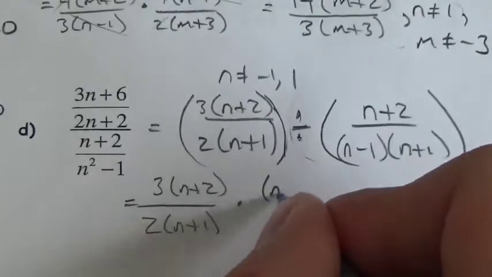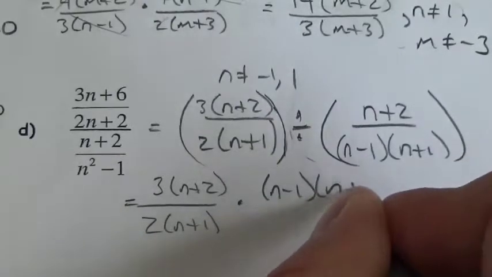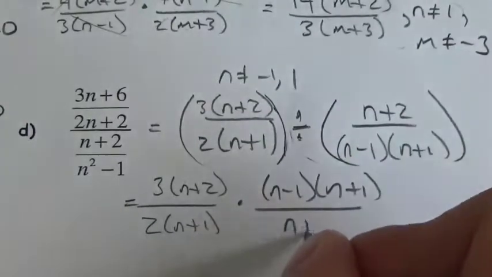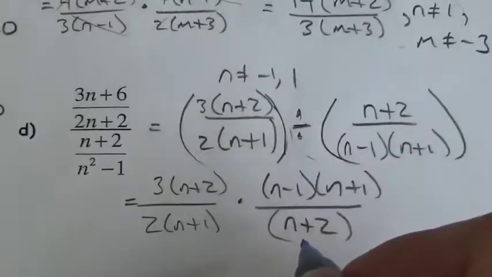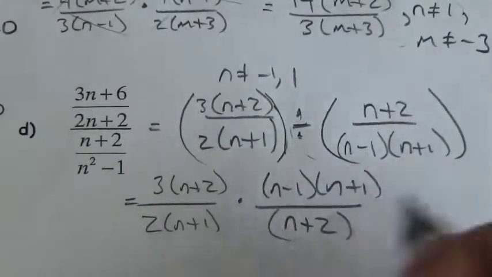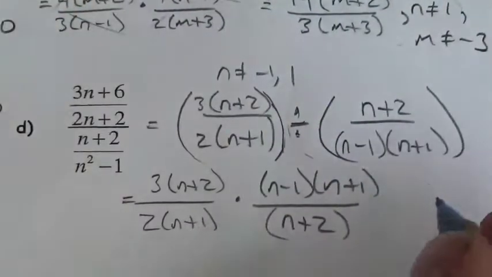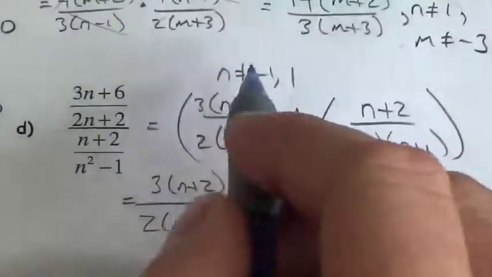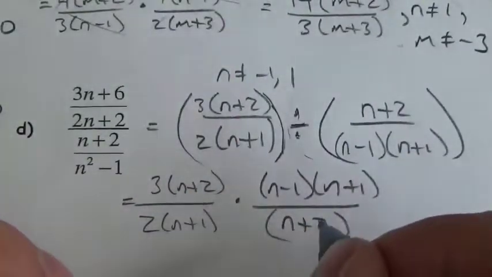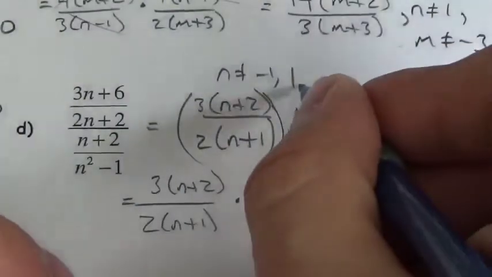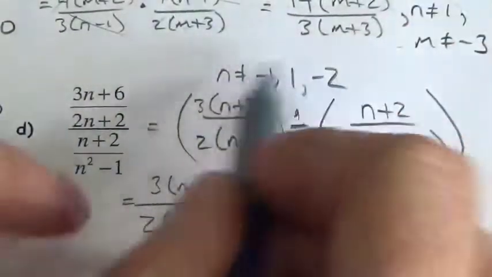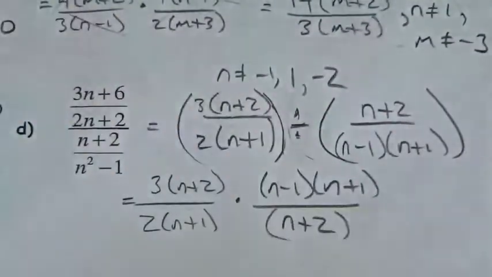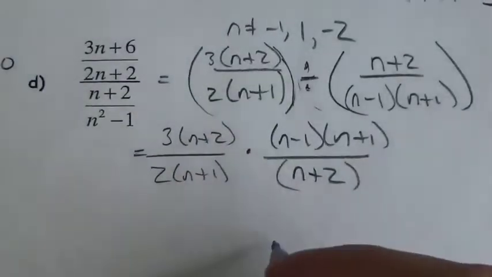So this will be multiplied by n minus 1 multiplied by n plus 1 all over n plus 2. And I'm going to put parentheses around that to make sure that it's clear that those two need to be kept together. My restriction still holds, except now I can introduce a new restriction. I've got this n plus 2 down there, which means n cannot equal negative 2. And I'm writing it up here kind of out of the way for now. I'm going to bring this back in a second.